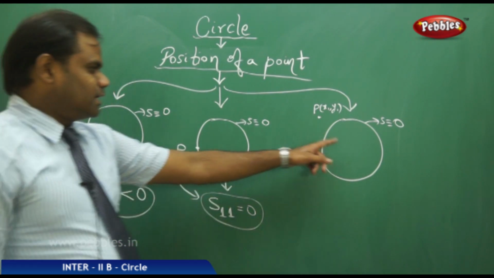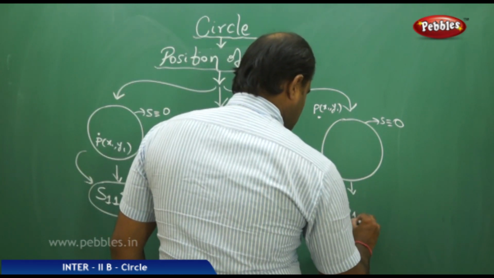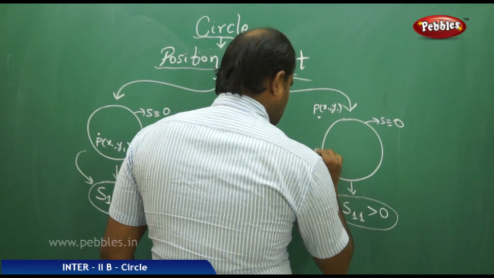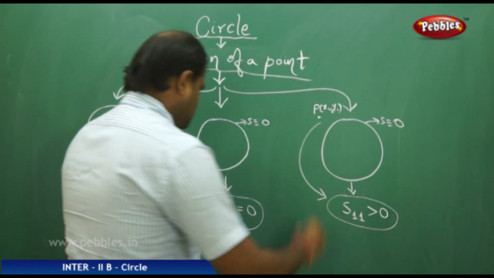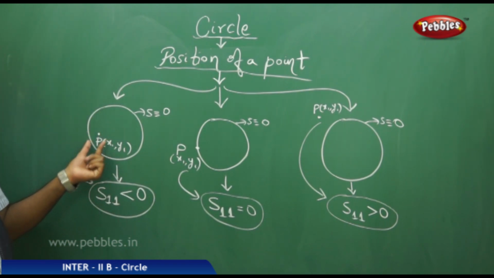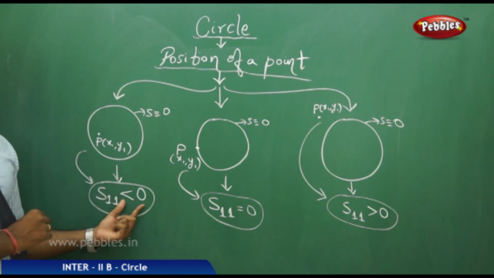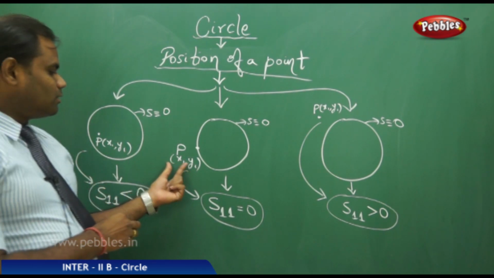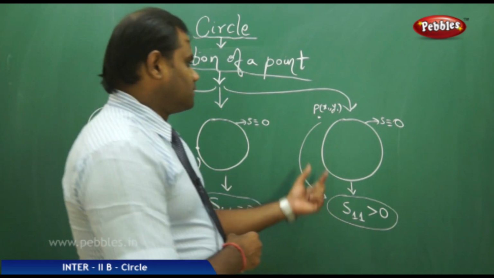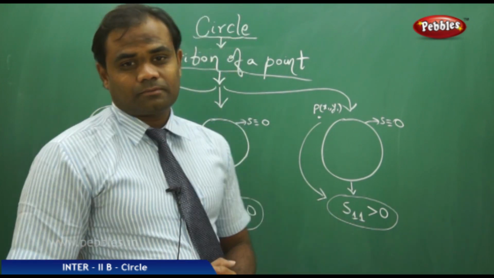And when P lies outside the circle, we say that S11 is greater than 0. So when P is inside the circle S equal to 0, S11 will be a negative value. When P is on the circle, S11 is strictly 0. If P is outside the circle, then S11 is strictly positive.